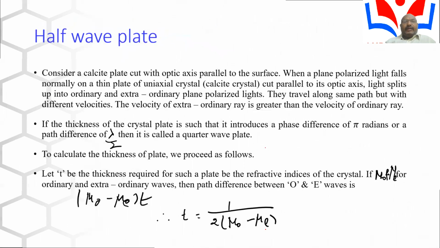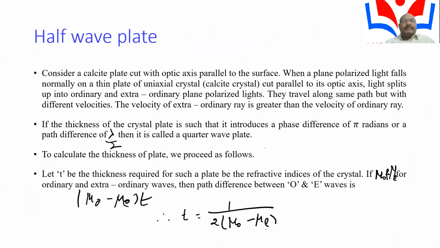Another one is the half wave plate. Let us consider a calcite crystal cut with the optic axis parallel to the surface. If the thickness of the crystal plate is such that it introduces a phase difference of pi and a path difference of lambda by 2, it is called a half wave plate.